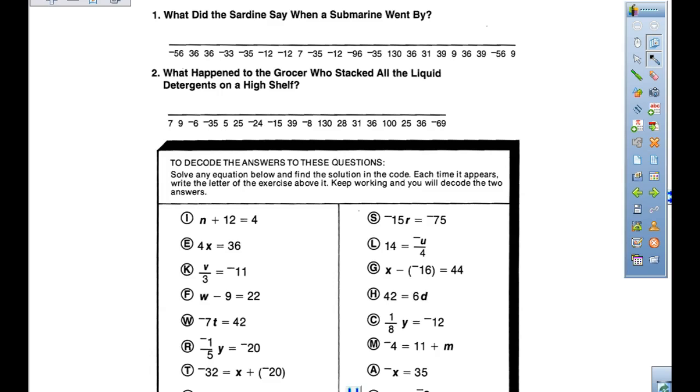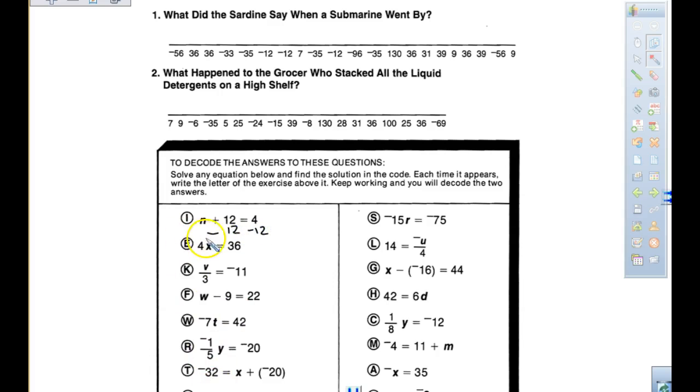When I take a look at the first question, my operation is addition. What is the inverse operation that you must show? Subtraction. So right below this, you should be able to do the work right on here, you're going to subtract 12 on both sides of the equal sign.